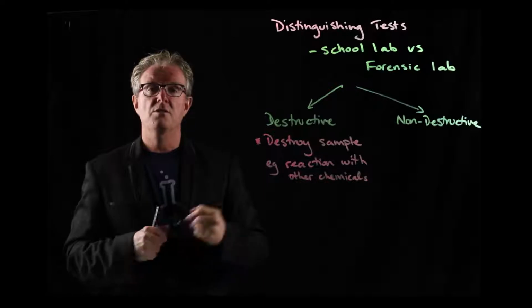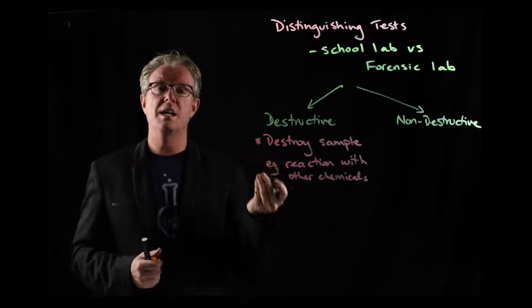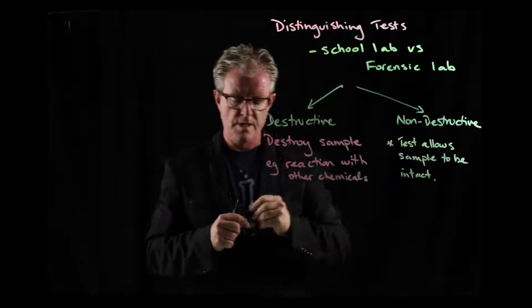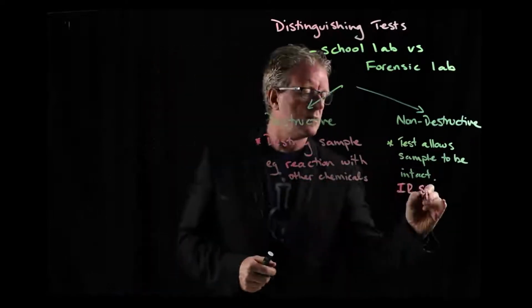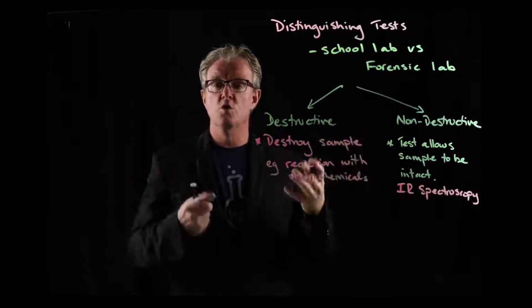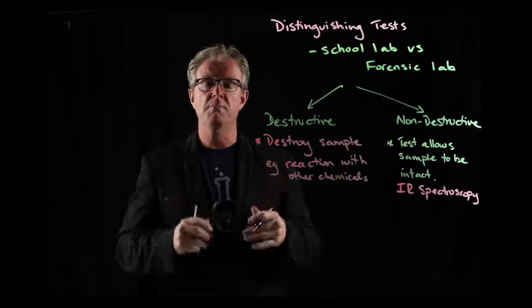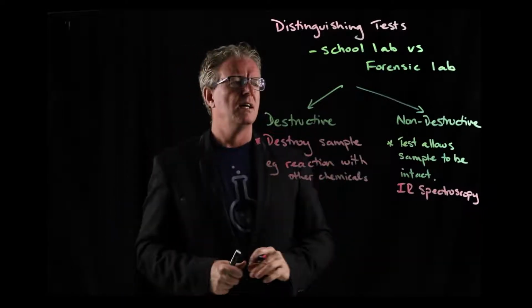Non-destructive methods are those where you can do the test and actually have the original chemical intact. So an example of that type of test would be infrared spectroscopy, where the molecule is absorbing energy and it's just vibrating, but the actual chemical structure of the molecule is still intact, it hasn't changed.